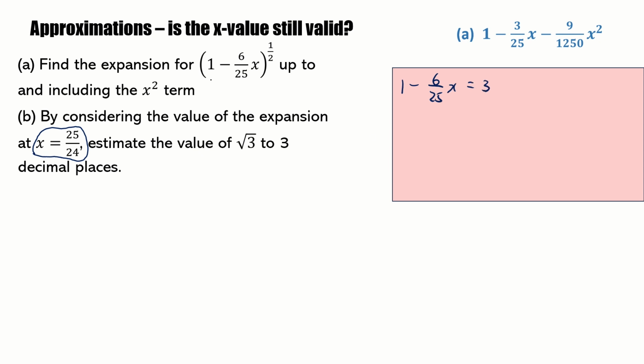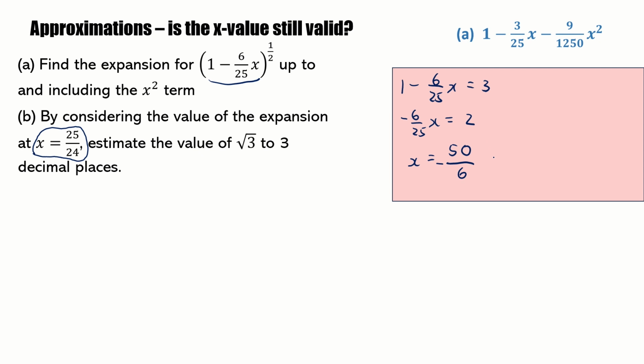We make the thing inside the brackets for the binomial expansion equal the thing we're trying to estimate inside the power. So if we do that, we get minus 6/25 x equals 2, and therefore x is equal to 50 over minus 6. In other words, minus 50 over 6.